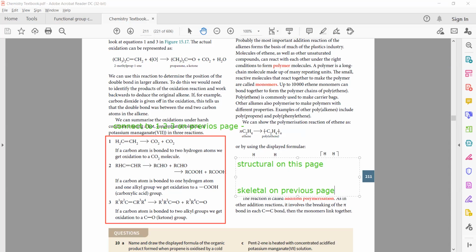And what I want you to do is draw them side by side. So I want you to have your book out with you, and basically take those 2 pages and put them into one page so that you can see it for yourself. Also, make sure that you understand the conversion between the skeletal formula on the previous page and the structural formula on this page.